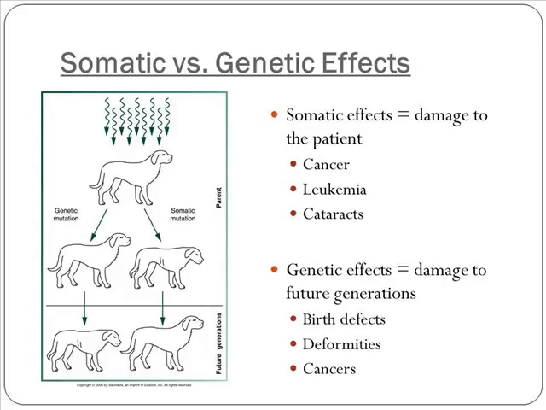If you look at this diagram of this dog, and I don't know if it's a very good diagram, but I suppose if you're a visual learner, it certainly can help. Notice that the dog at the top there is getting the radiation. On the left side, it is referring to genetic mutation, meaning that that dog with the head still up and proud, that dog does not feel any of the effects of radiation, but their offspring, future generations at the bottom of the diagram there, with the head lowered, means that they're feeling the effects of the radiation that their grandparents or parents received.